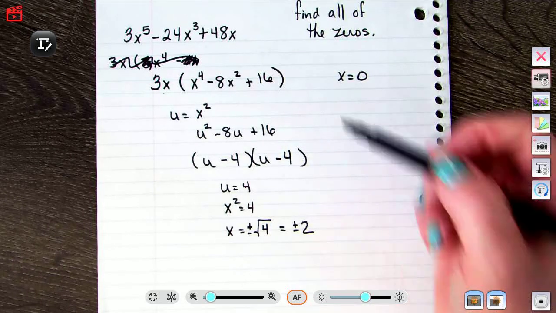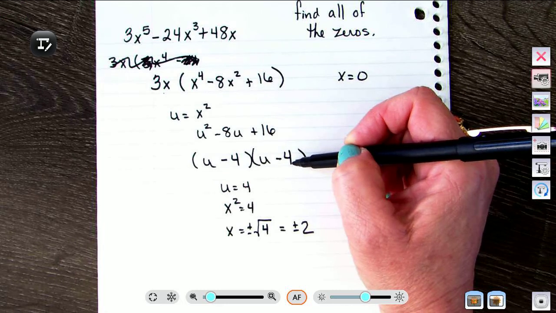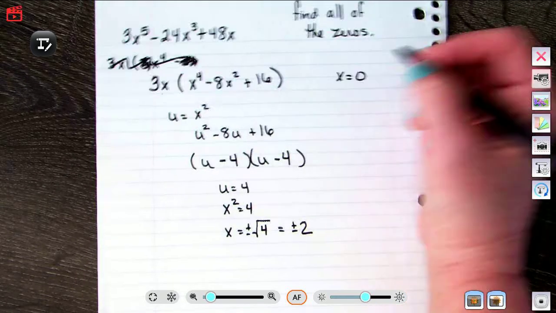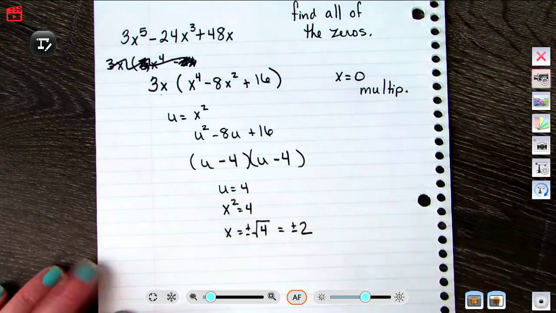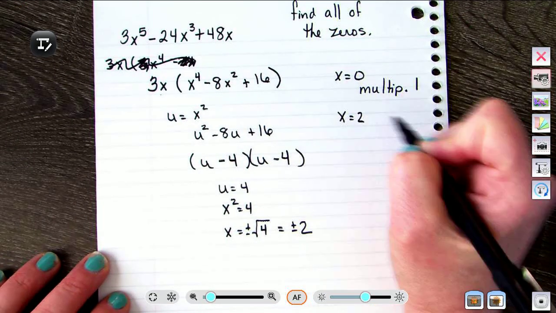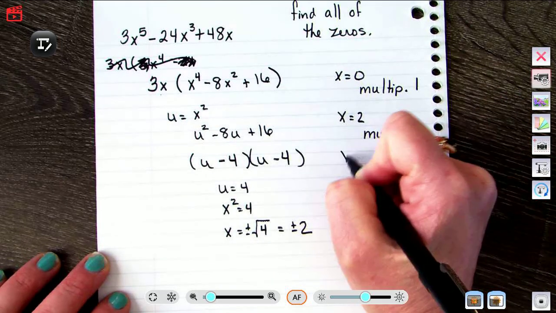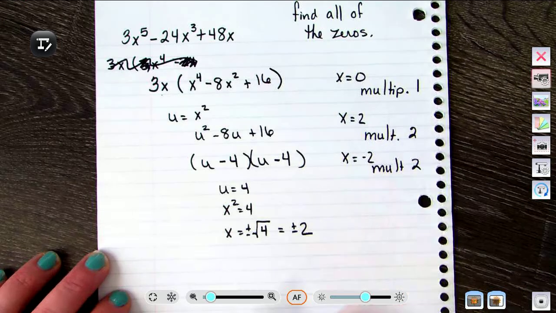And this would actually happen twice because it happened here and it would happen here. So I'm going to have 0 would be a 0 of multiplicity 1. I'm going to abbreviate multiplicity 1. x equaling 2 would be multiplicity 2, and x equaling negative 2 would also be multiplicity 2.